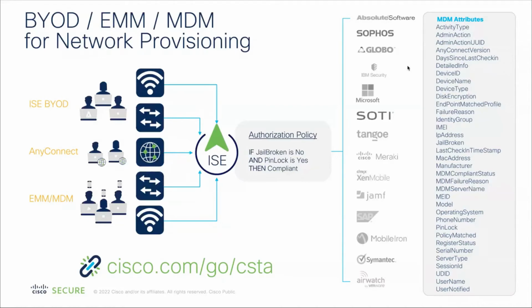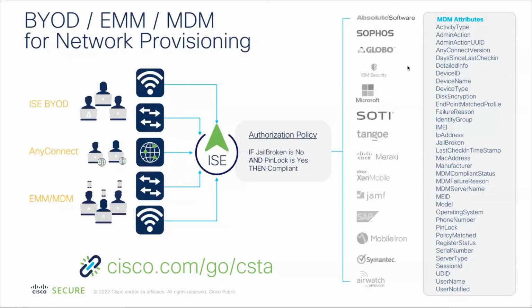So these are all the kinds of things that a mobile device management application can do for you, as well as provisioning certificates and things like that. So this is really helpful to have one of these.